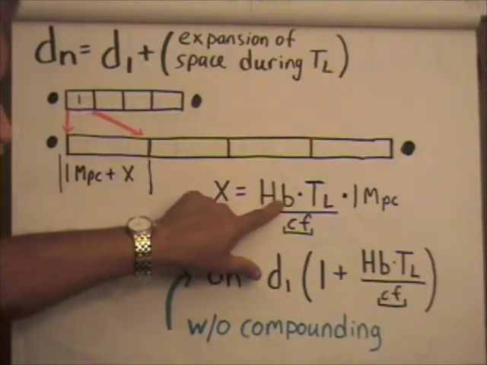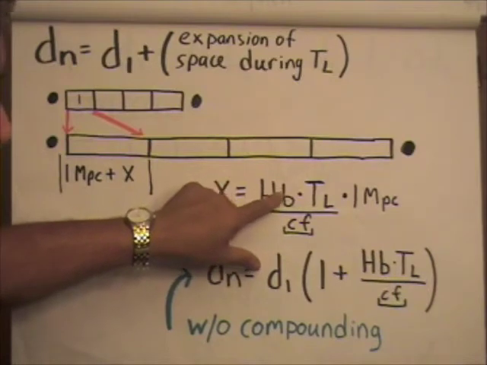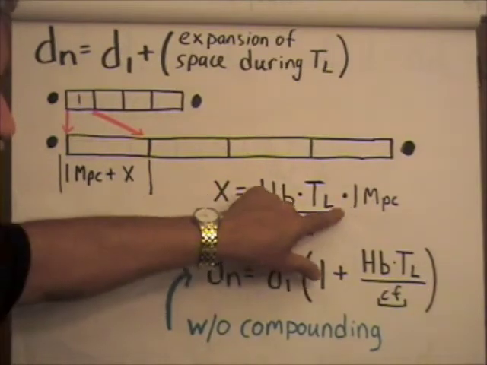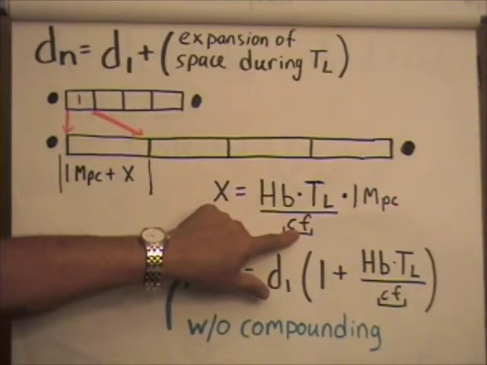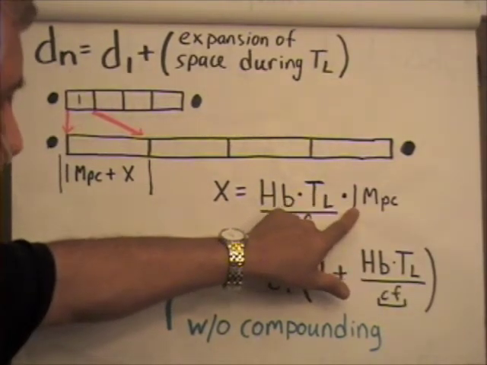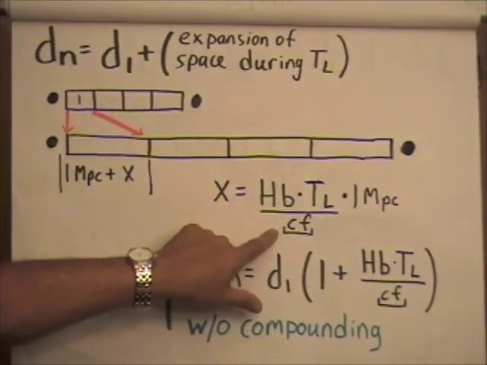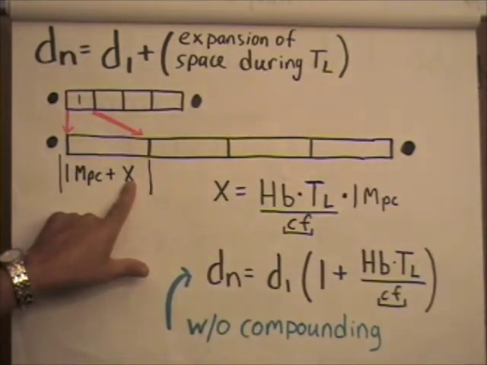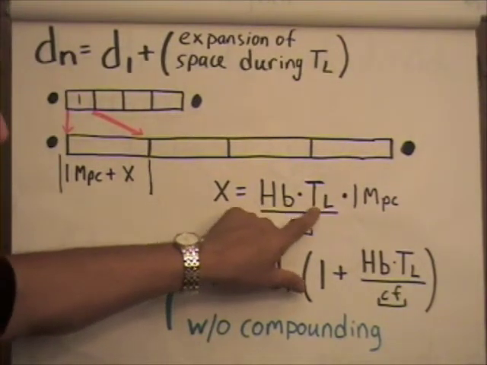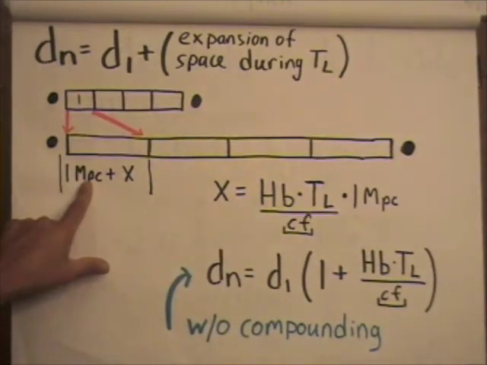we have to do two things. We have to convert the Hubble constant from kilometers, so we divide by the conversion factor, and then we multiply by 1 megaparsec. So this is the amount of the expansion during this period, TL, for 1 megaparsec.